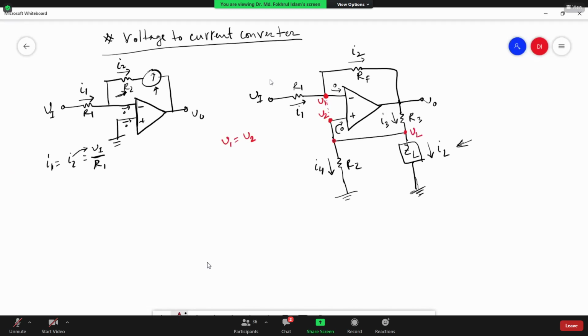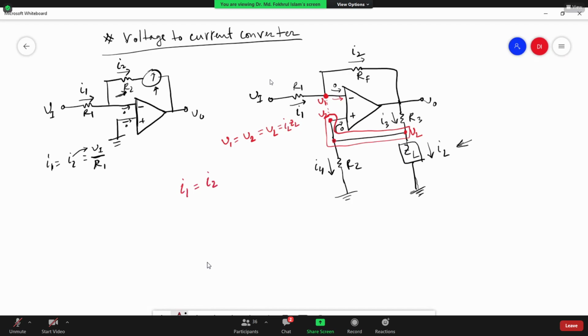This is VL, so this will equal VL as well. This node and this node and this node are all the same node, VL. And VL equals ILZL, because VL is the voltage across ZL. And we know that since there is no current here, I1 equals I2.